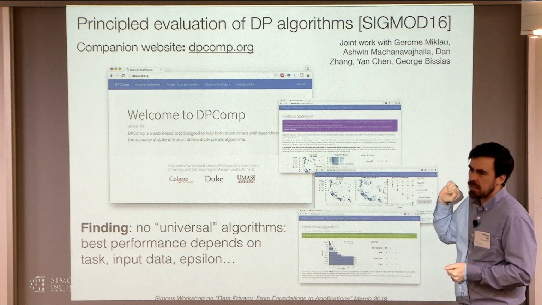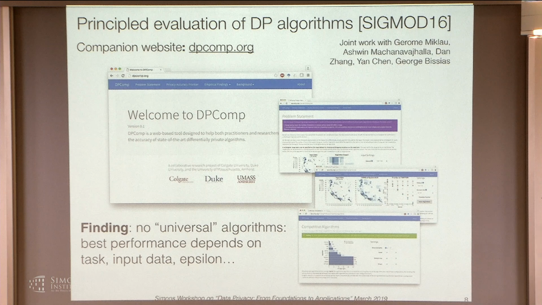There's a companion website, DPComp, and actually an earlier speaker mentioned this. I just wanted to share one finding, which is that we were able to explain the apparent discrepancy I mentioned before about the two algorithms appearing to perform very differently. Basically, performance really depends on the signal strength in your data.